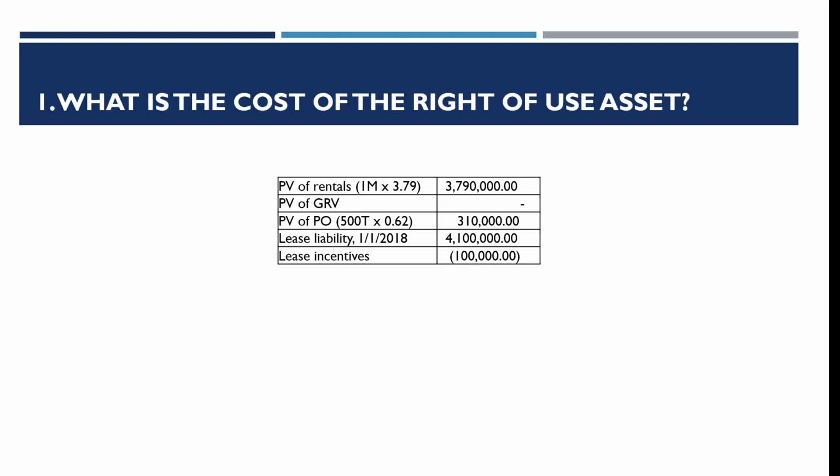Next, initial direct cost. Since may initial direct cost naman tayo sa problem na to, kailangan natin siyang i-include sa cost ng right of use asset. Ano pa? May dismantling cost? Wala. Kaya, hindi ko na siya pinasok dito. So, how much is the right of use asset January 1, 2018? 4.4 million.